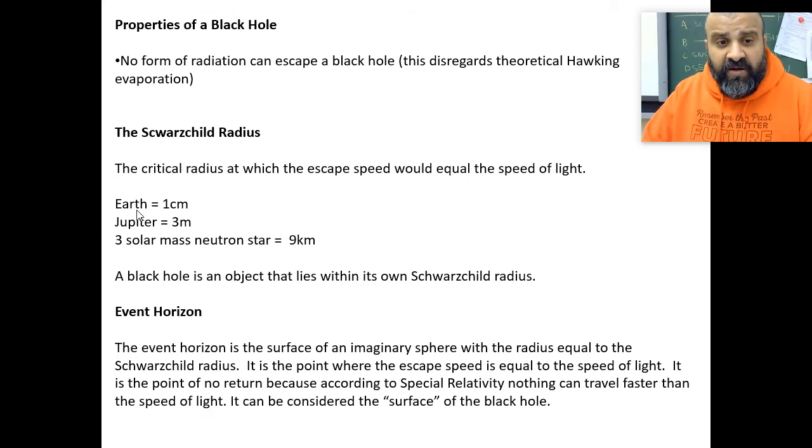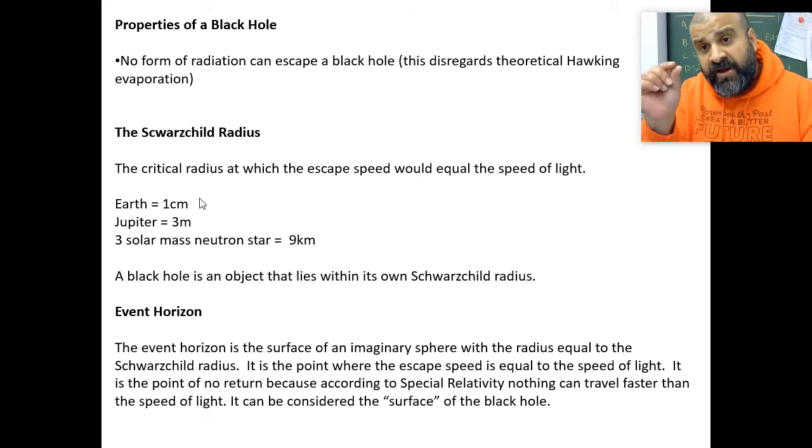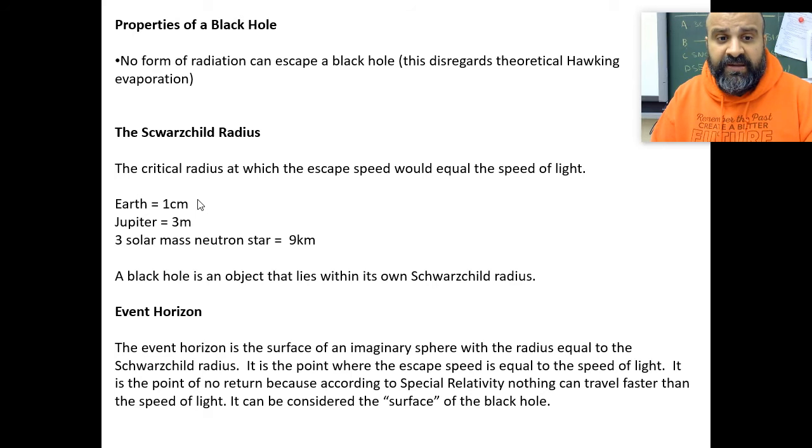If we were to take all the mass of Earth and shrink it down to a pea, 1 centimeter across, that would be a black hole. Its gravitational energy would be so compressed into such a small point that that 1 centimeter object would be a black hole. If we were to collapse Jupiter to 3 meters across, so like 9 feet across, it would be a black hole.